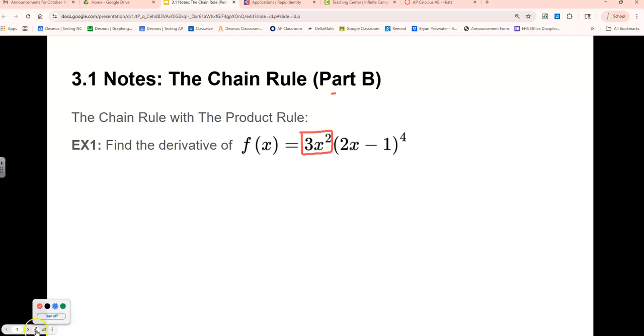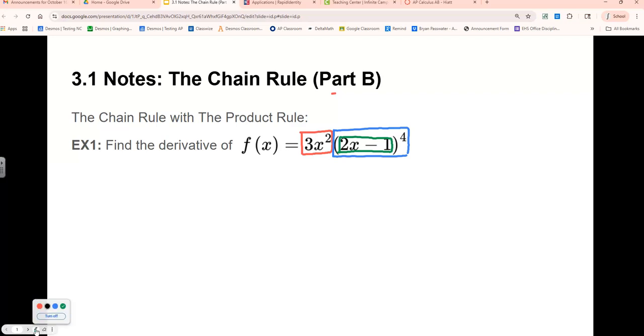We've also got this stuff over here that involves an x. They're not really related to each other. So that is a product rule right there. But within the product rule, we're going to have a chain rule because we've got this inside stuff right here. So this is where it starts to get a little more complicated because we've got to use both rules here.